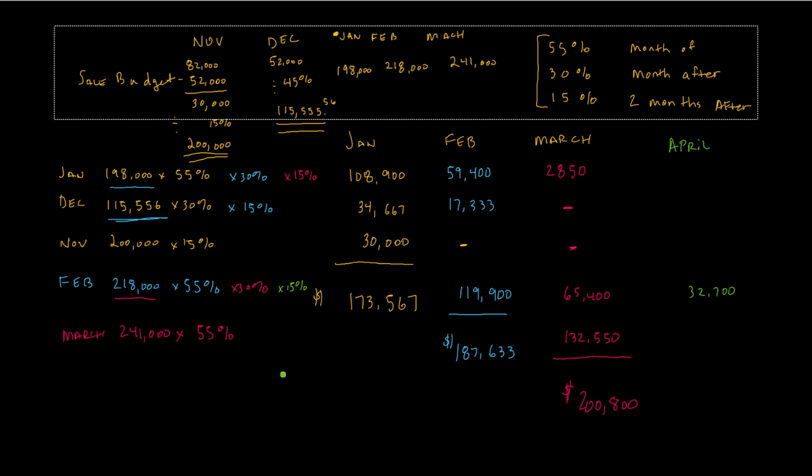What about March's sales? I've collected 55% of those, so that means 45% are still outstanding. So at the end of March, $241,000 times 0.45, because that's still what needs to be collected, equals 108,450.